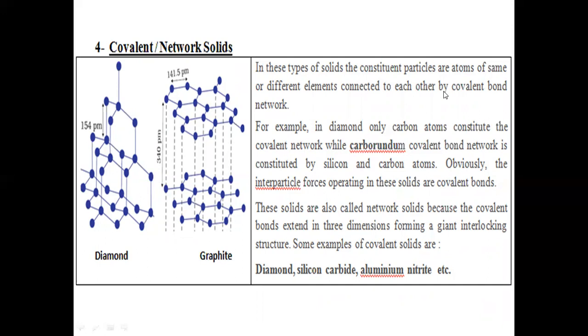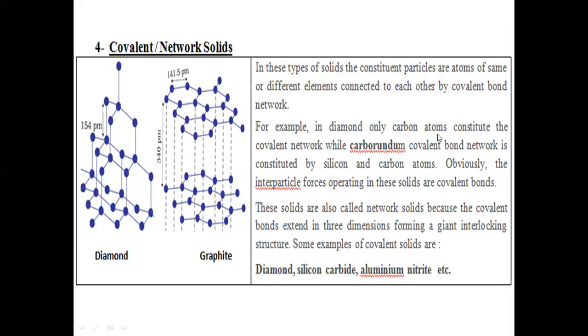So the constituent particles here are atoms of the same or different elements connected by covalent bond. Here the most famous or important example of such kind of solids is diamond.